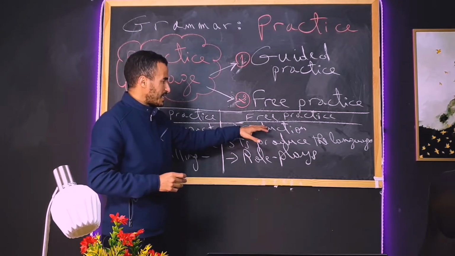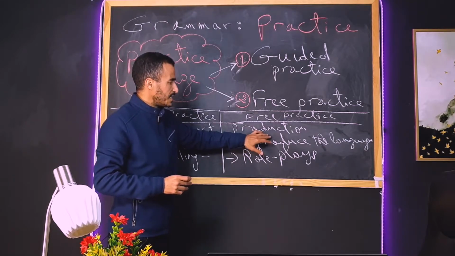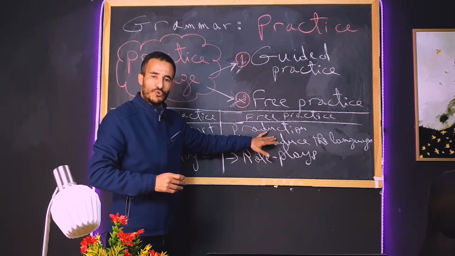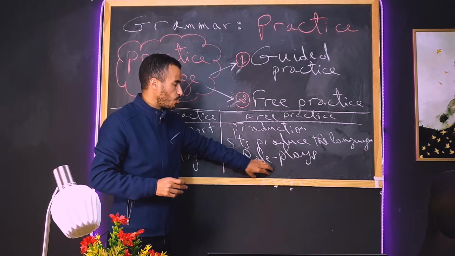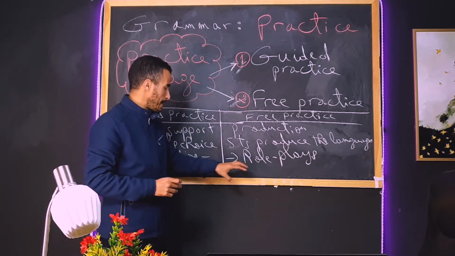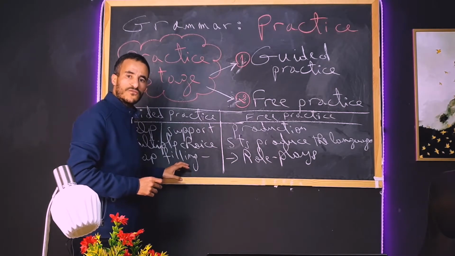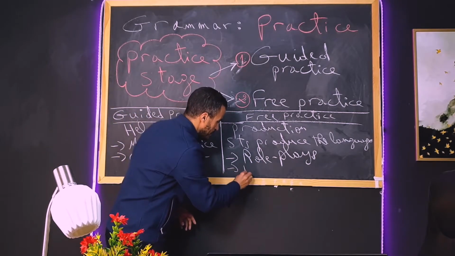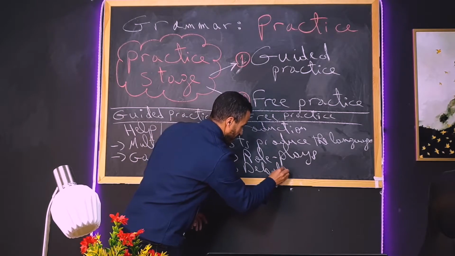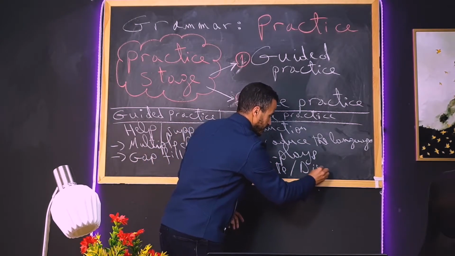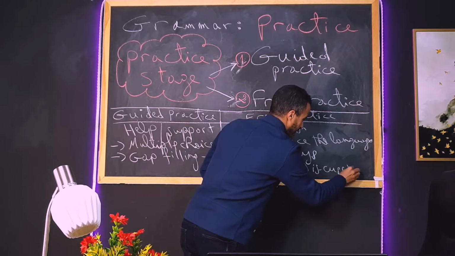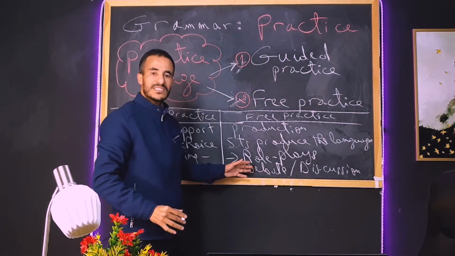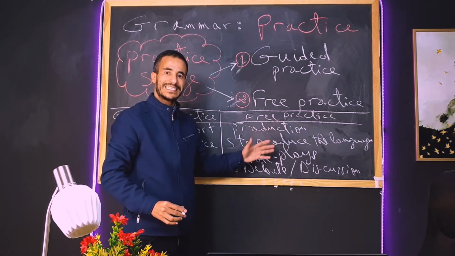For the free practice, here we can call it learner-centeredness because everything will come from the student side. But here there is some support from the teacher. So role plays, we can have also debates or discussions, etc. Okay. So these are some types of free practice activities.